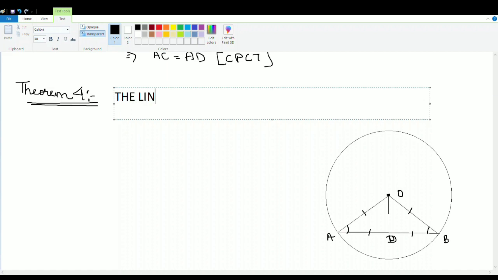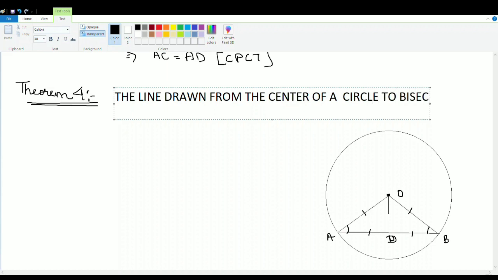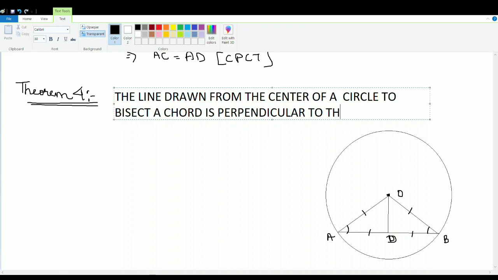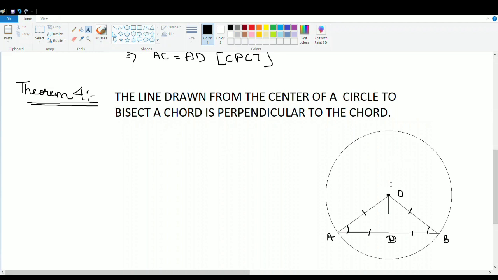The theorem would be: the line drawn from the center of a circle to bisect a chord is perpendicular to the chord. This is the theorem, and I have just given you the informal proof. You just need to write it.